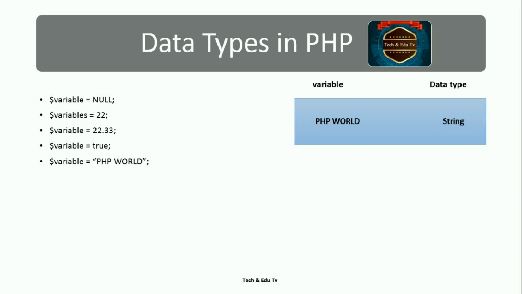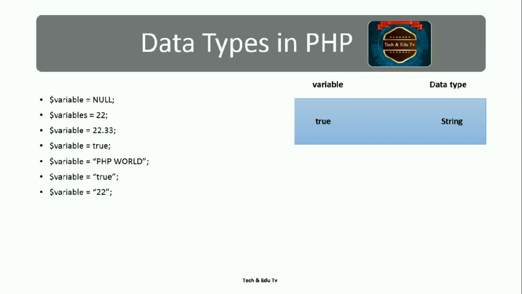Another most commonly used data type in PHP is known as the string data type. Always remember, any value put inside quotation marks, which can be either single or double, will have only the string data type. For example, we used true as a Boolean data type, but if we put true inside quotation marks, it will now have the string data type, not Boolean.